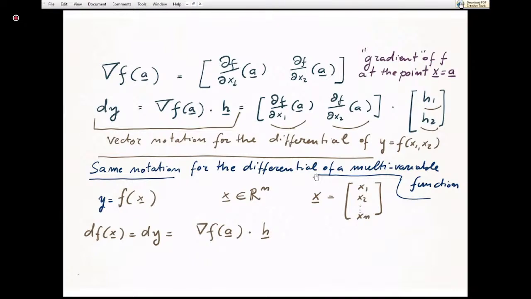Okay, so this is the notation for the differential of an n variable function at a given point a. So this is the vector with the n variables at a given point, that would be a1, a2, an. We would have the row vector of the n partial derivatives, and we would multiply the gradient by the vector of the increments.